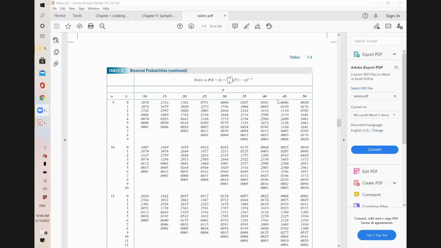Then we have to use these values, because here it's a binomial distribution when n equals 12 and p is equal to 0.45.